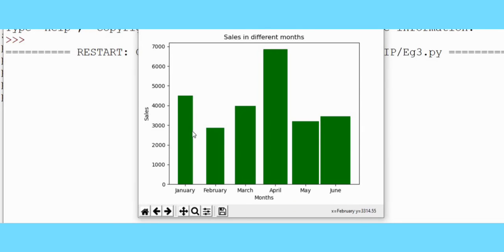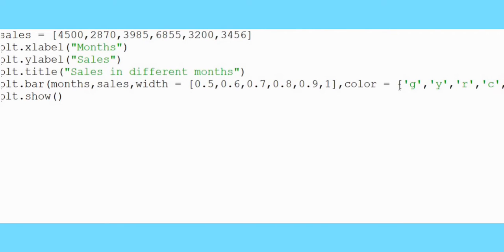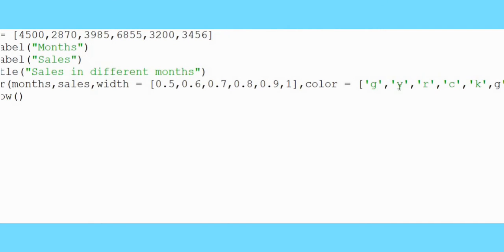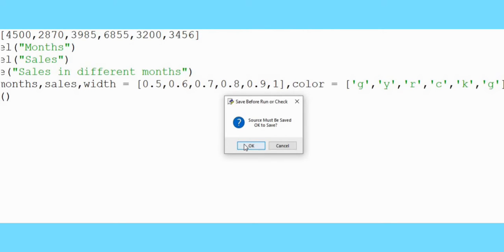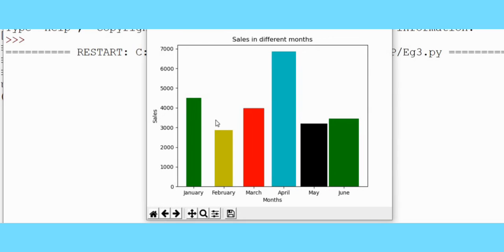We can specify each bar with a different color. Now the bar graph has different colors for the bar.